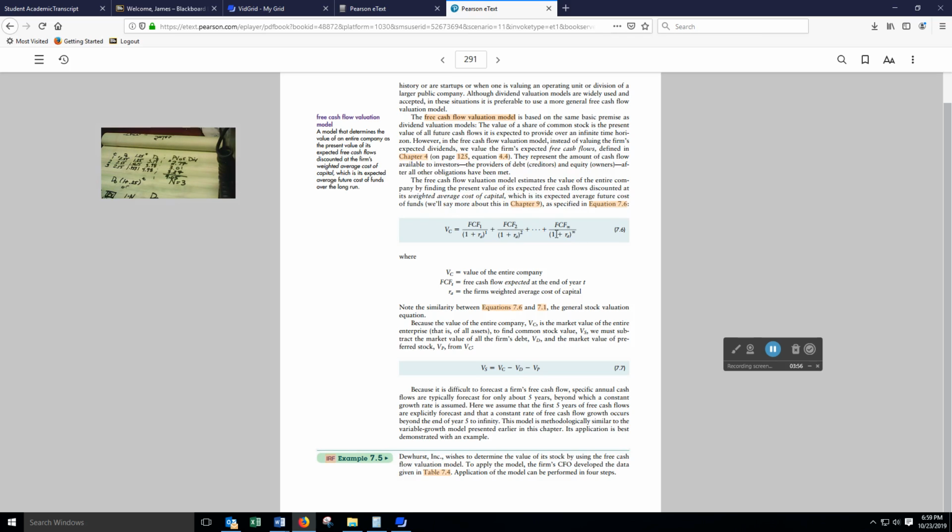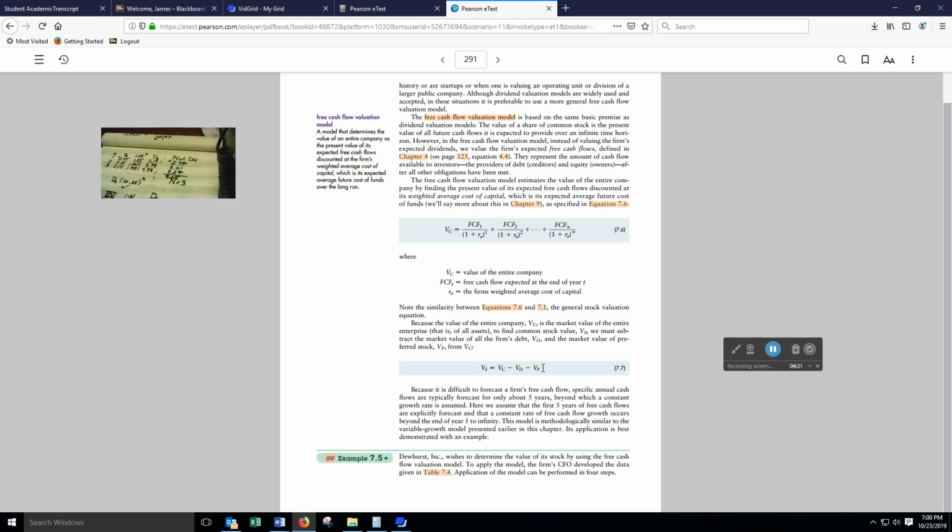So we do this calculation up here for V_C, then we subtract the value of the company's debt and the market value of all preferred stock, V_P. And this gives us V_S, which is the value of the common stock.